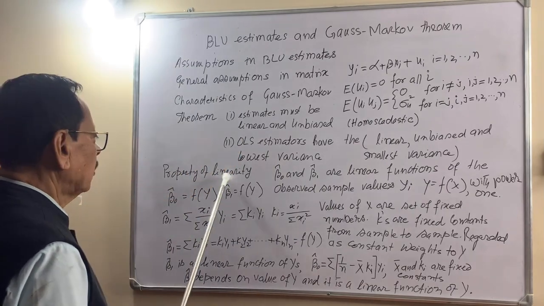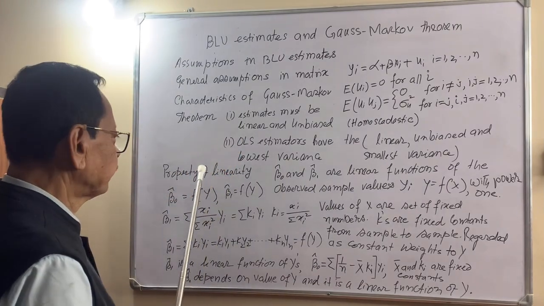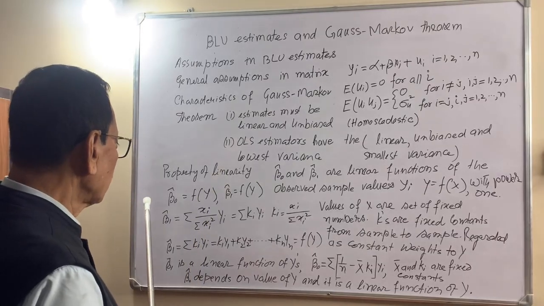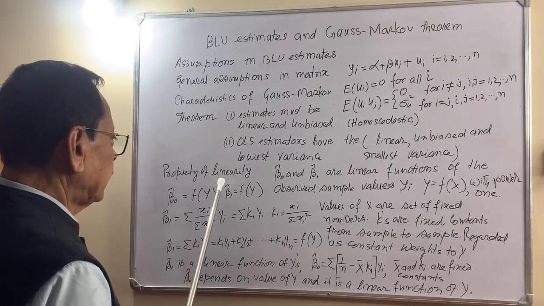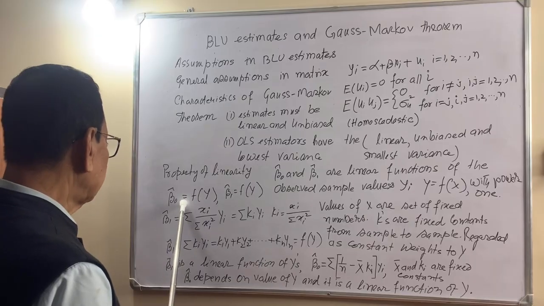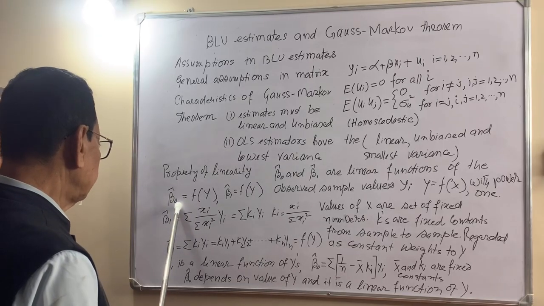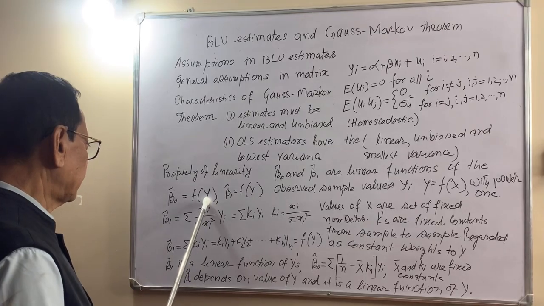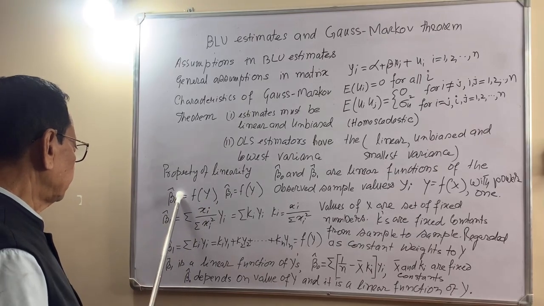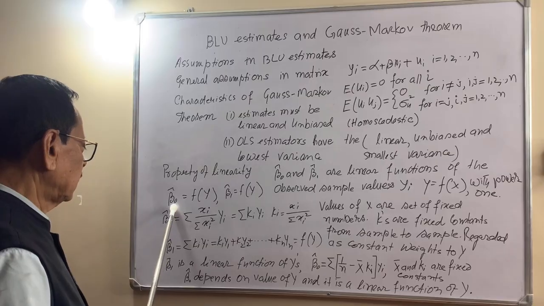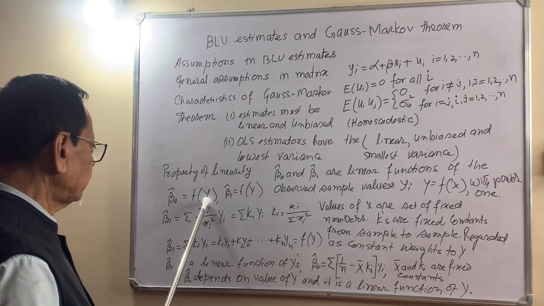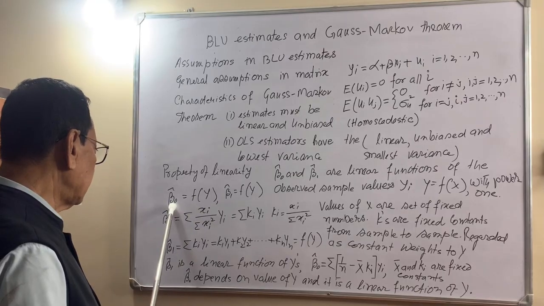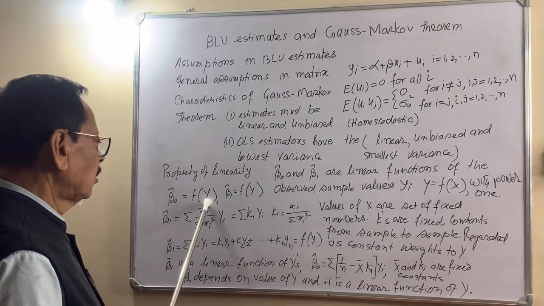Now, the property of linearity. Estimated beta naught, the intercept, is a function of y, the dependent variable. Its value will depend upon the values of y.